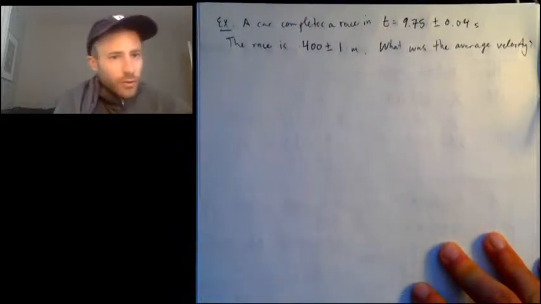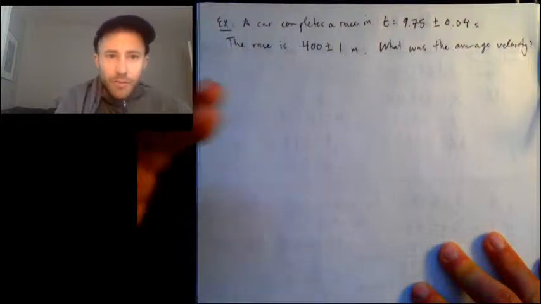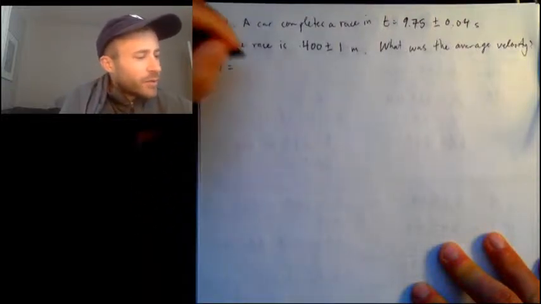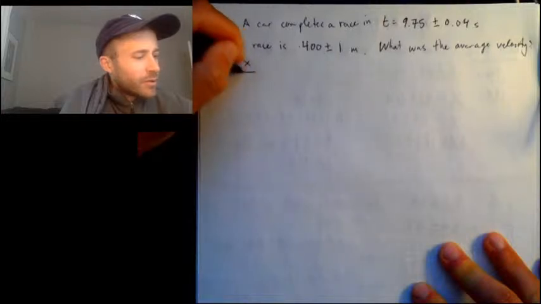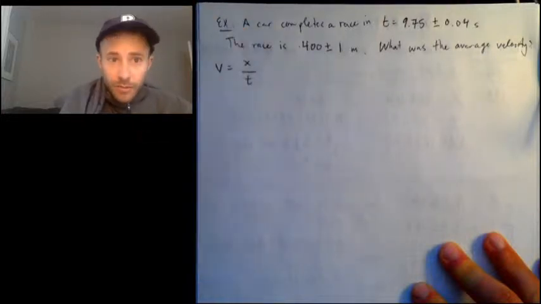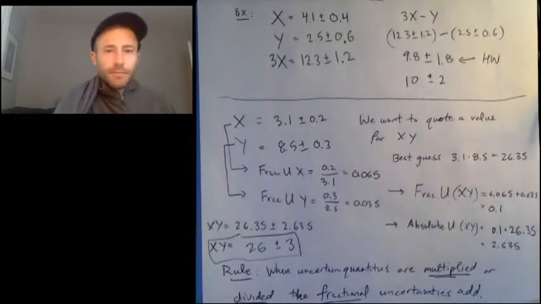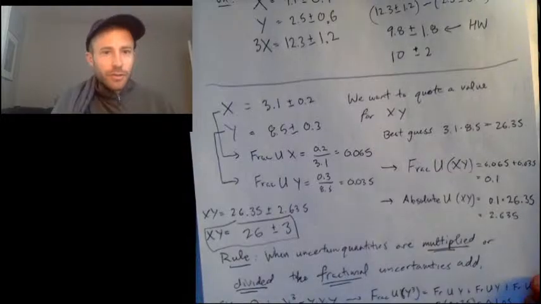So the first thing we want to do in this case is get a formula. The formula for average velocity is distance traveled divided by time. So this is division. And remember, when things are multiplied or divided, their fractional uncertainties add.